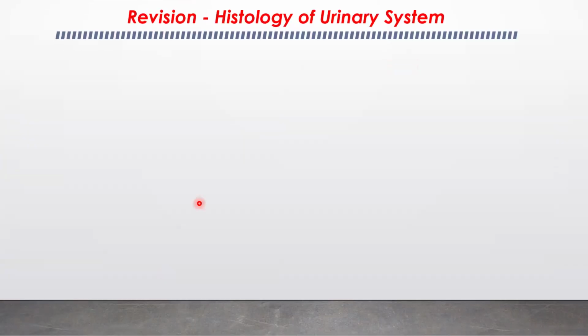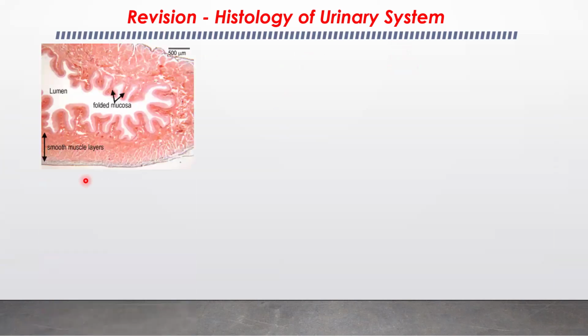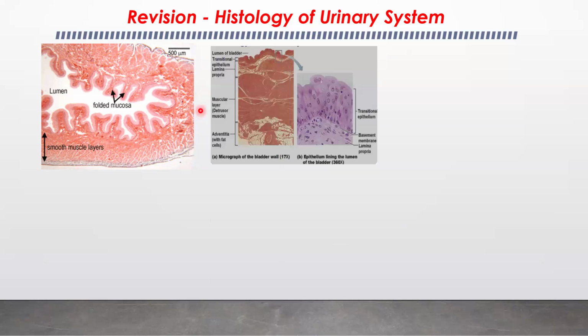So this is just to remind ourselves of the histological organization of the urinary system. So the first thing that starts us off is by looking at this. What you're looking at right now is actually the bladder. It has a mucosa, it has a muscular component, which is the detrusor muscle, and then it has a serosal bit.